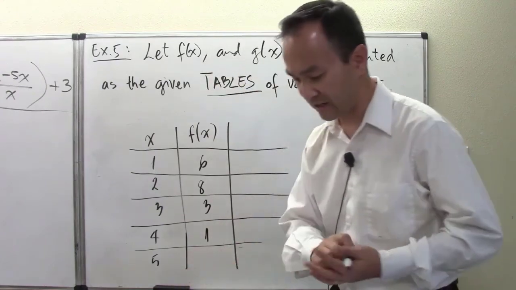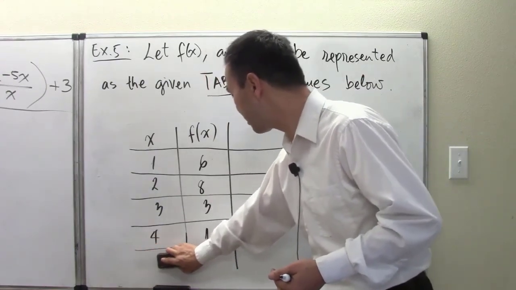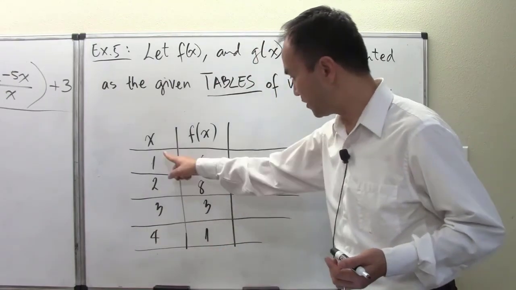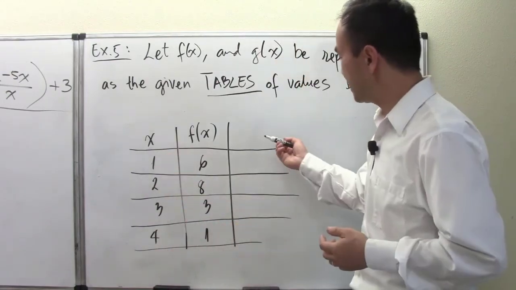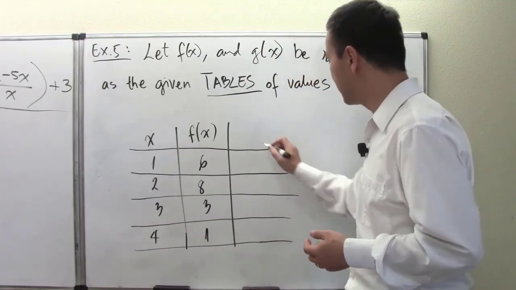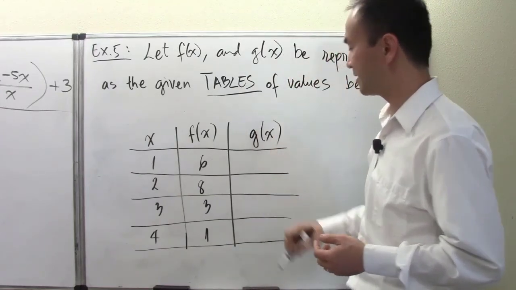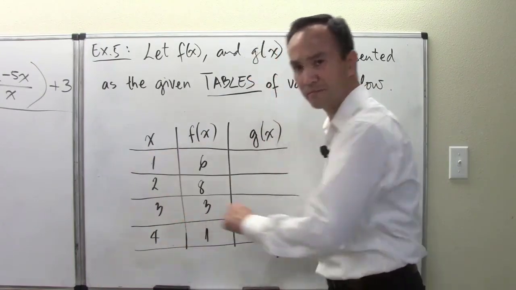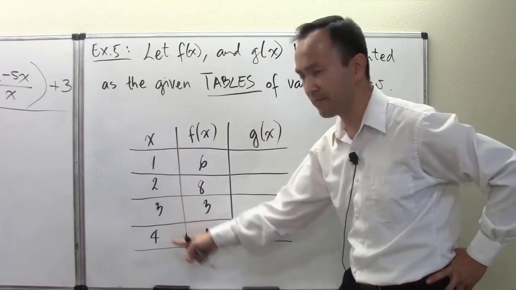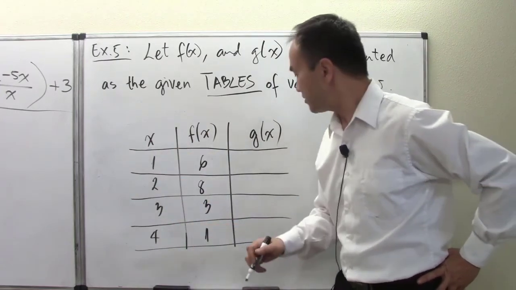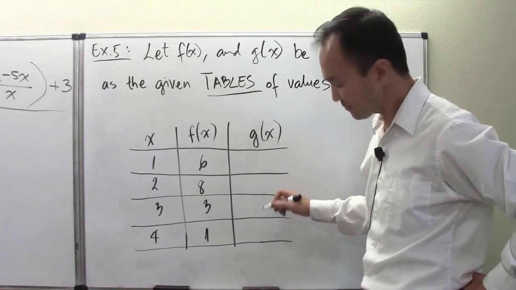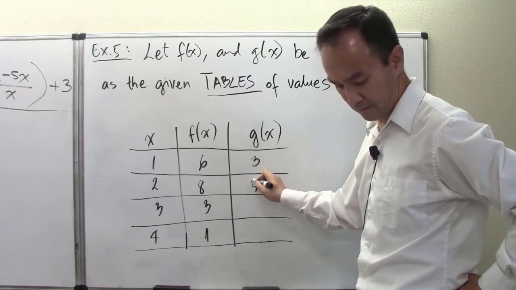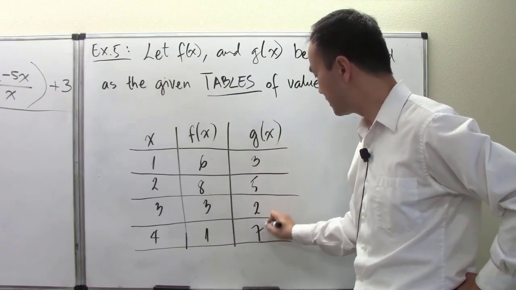Indeed I made my table a little too long, but we don't need that x value for 5, so we don't have x equals 5 on this table. And then g, I'm going to have another column for g. That means both f of x and g of x use the same column right here, the same input values. Now I'm looking at 3, 5, 2, 7.